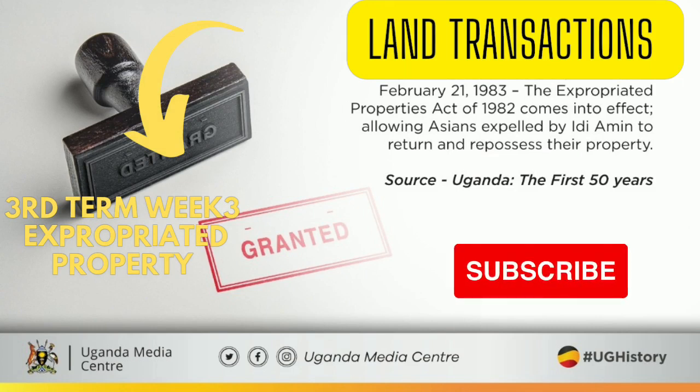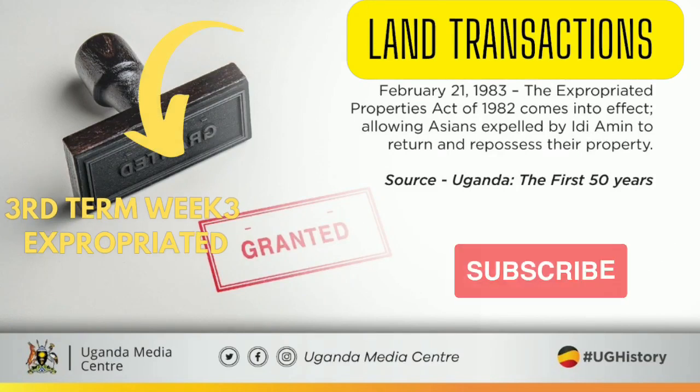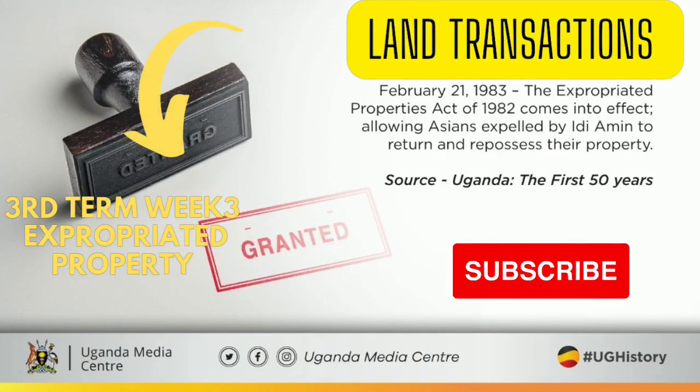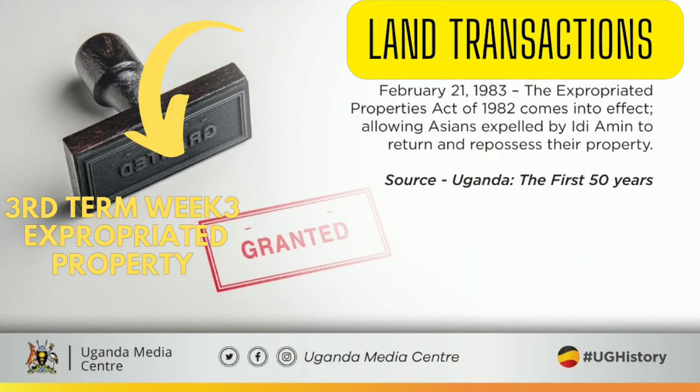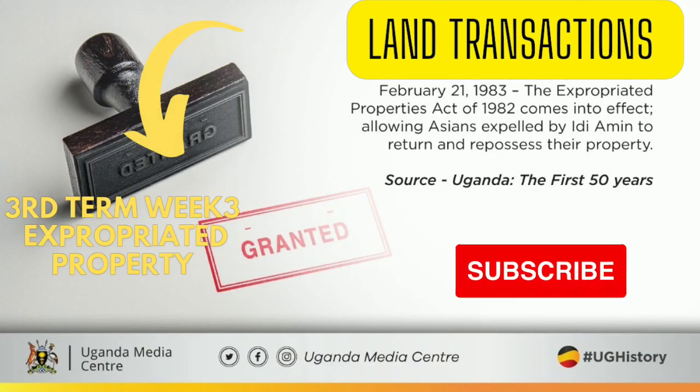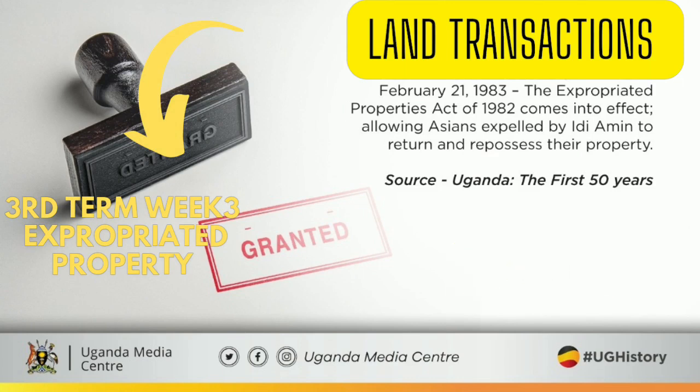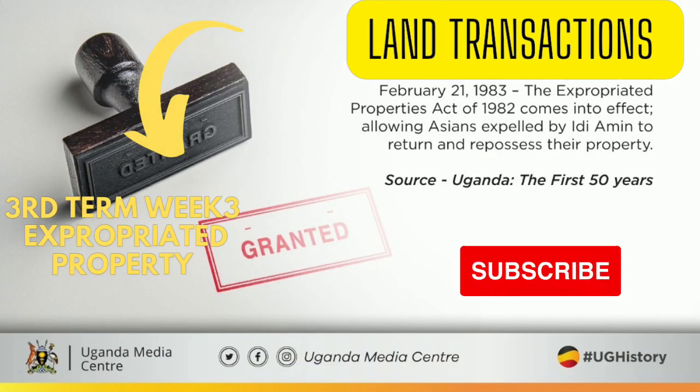Then when you go to Section 2, Section 2 mandates the minister to maintain a register of declared properties. And after maintaining the register under the same section, a departing Asian should be granted a receipt as proof of declaration of his or her property.